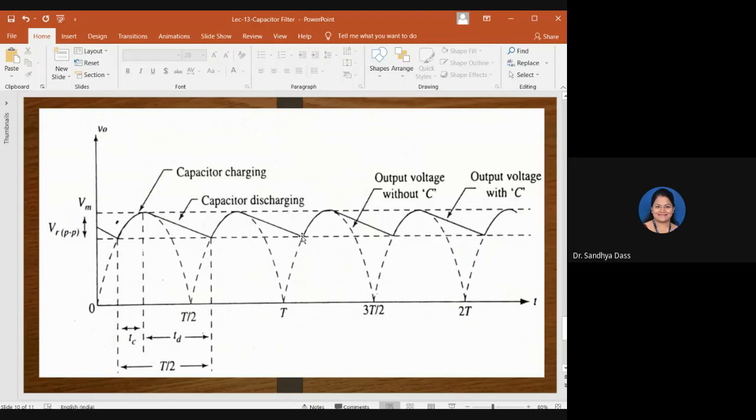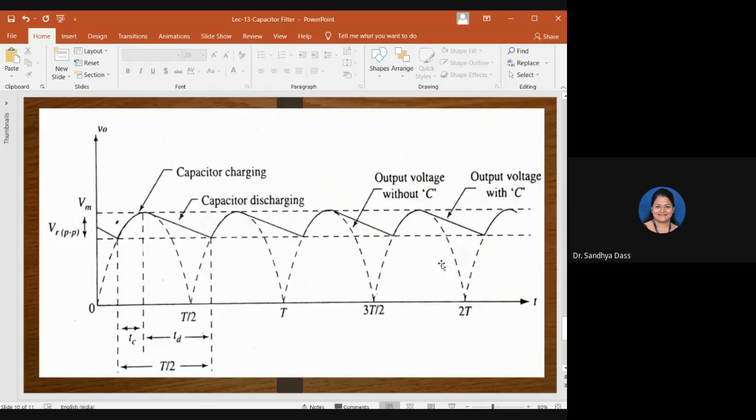When the input voltage is slightly above this point, D1 will be conducting. At that time, the capacitor will be charging to the maximum value. And this repeats. This part is when diode D1 is conducting. This part is when diode D2 is conducting. D1, D2. You know that, right?